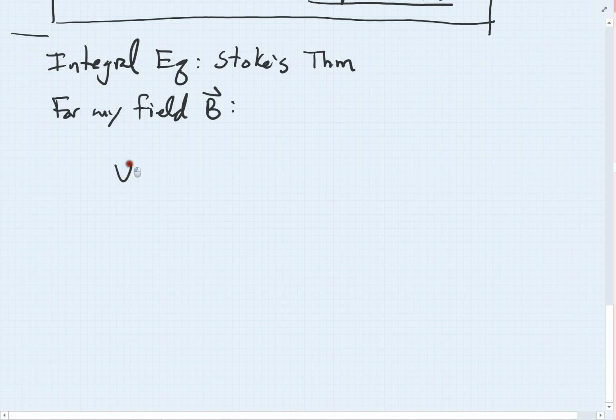If you take the curl of B, that's a derivative, and you integrate it, but now the curl of B is a vector, right? So the natural integral to do with a vector is to integrate it dot product with something. And typically that's an area element. So we're going to be doing an integral over some area.